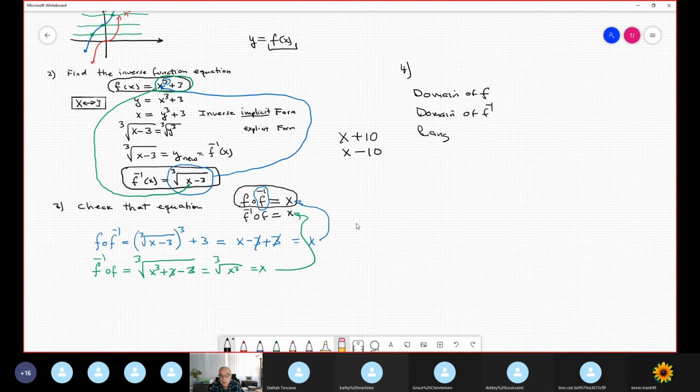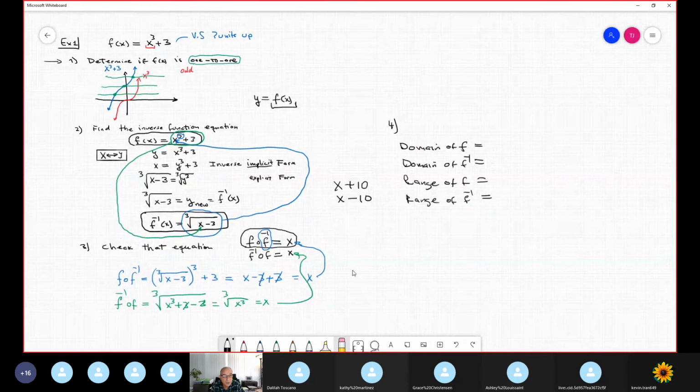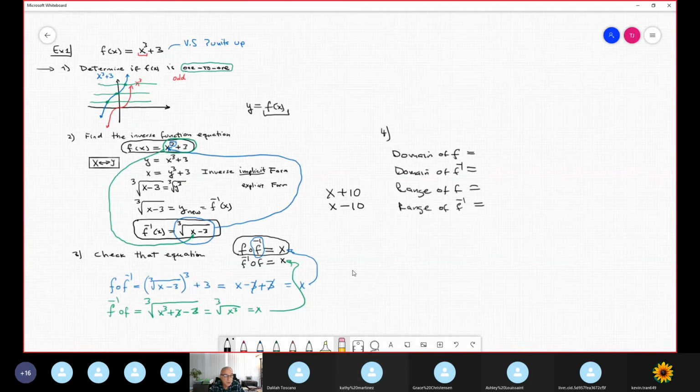Range of the original. And range of the inverse. So determine 4 sets. 1, 2, 3, and 4 sets. Well, what do you think about the domain of the original? This is the original.